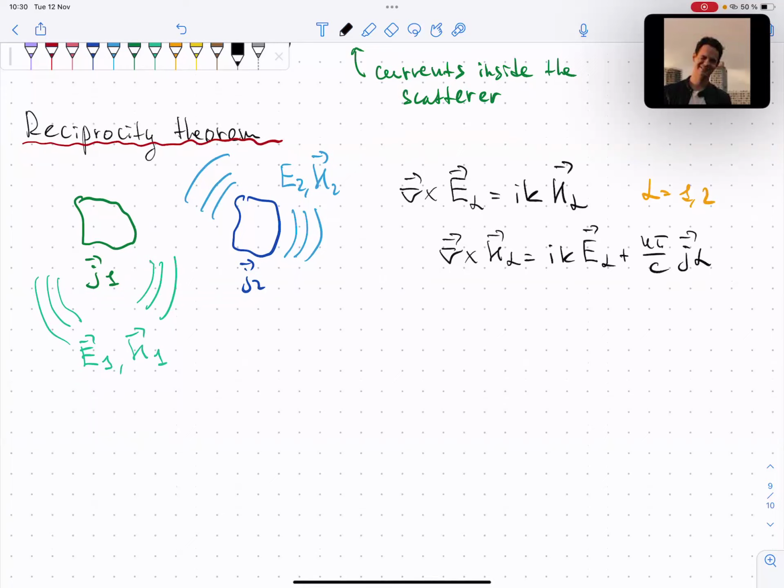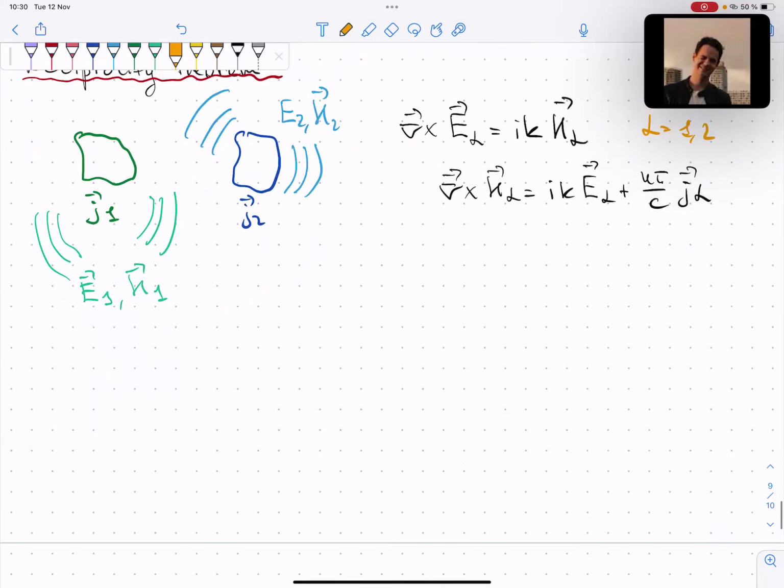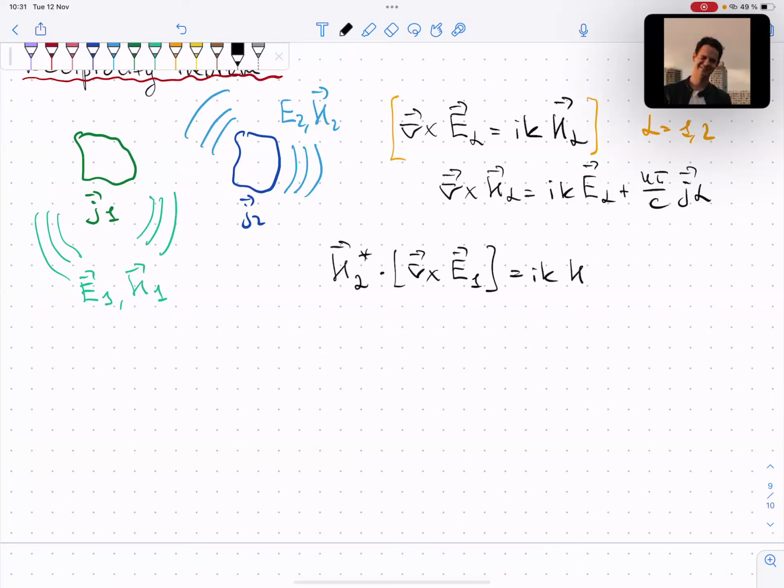What we can do right now, we take this equation for alpha equals 1 and multiply it by the magnetic field produced by the second current, H2 conjugated. So we have H2 conjugated multiplied by curl of E1, equals ik H1 multiplied by H2 conjugated.